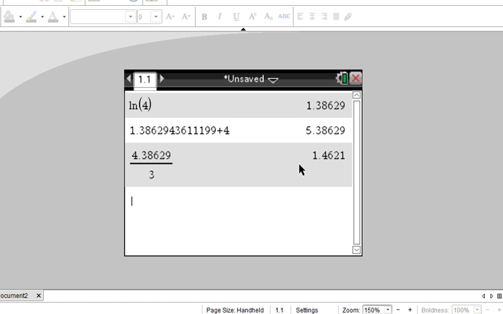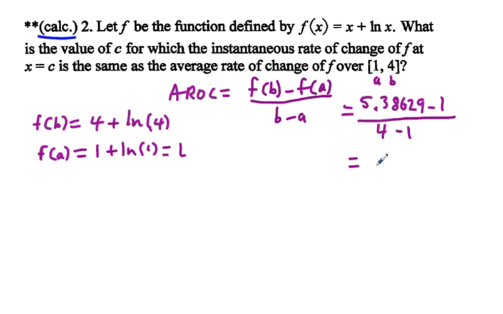Now we get 1.4621. So that's going to be our average rate of change. 1.4621. That's going to be approximately, really, but this will be our A-ROC.